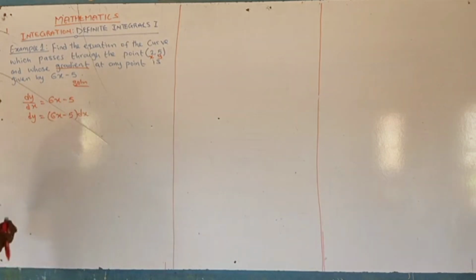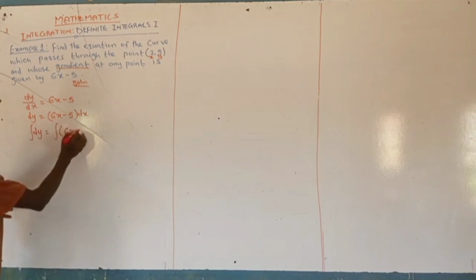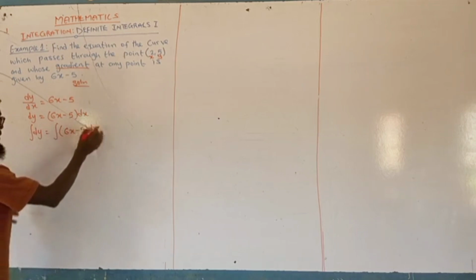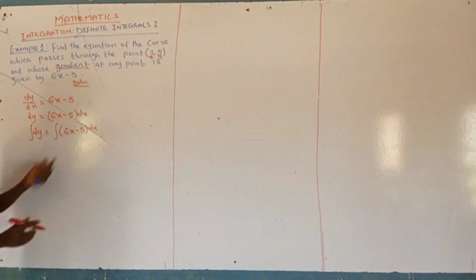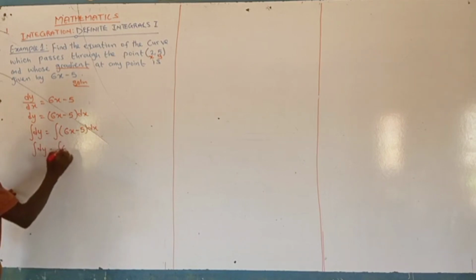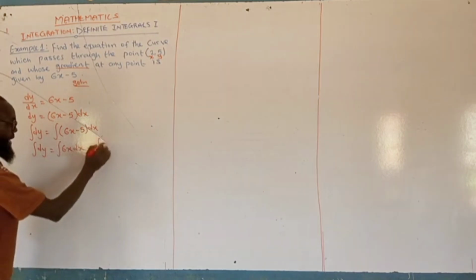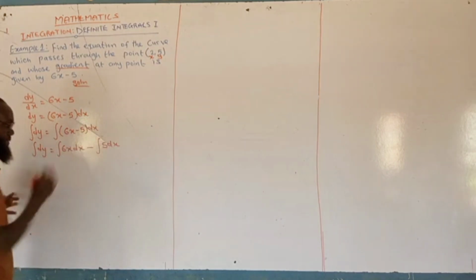Then we introduce our integral sign. Integral dy equals integral of (6x minus 5) dx. Then we open the bracket: integral dy equals integral 6x dx minus integral 5 dx.